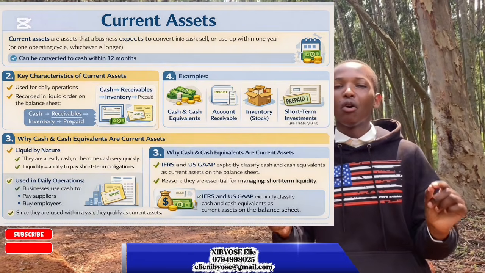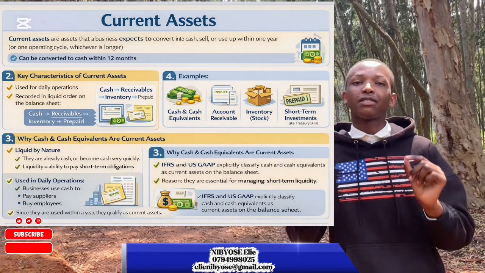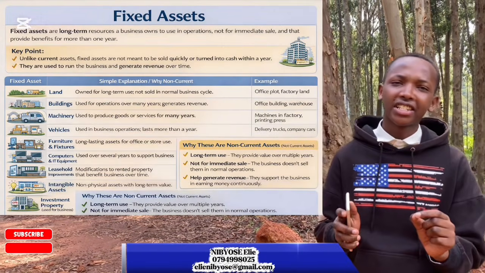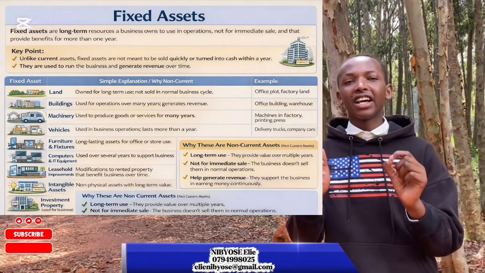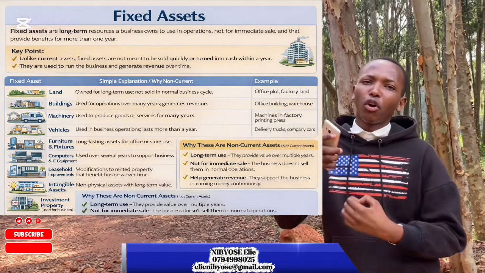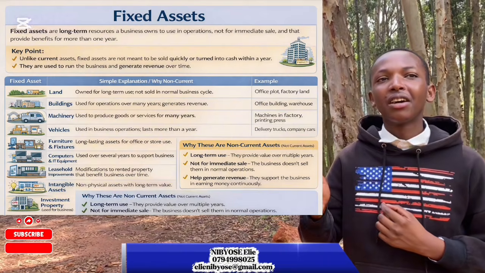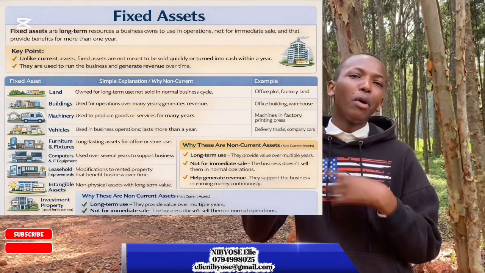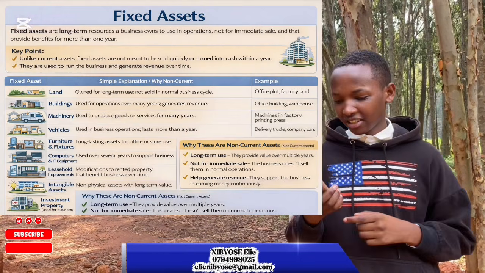Those are some of the current assets. Let's move on to fixed assets. Fixed assets are long-term resources the business owns not for immediate sale, but to provide benefit for more than 1 year.